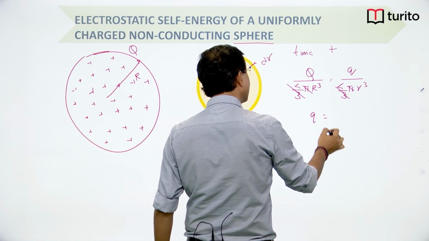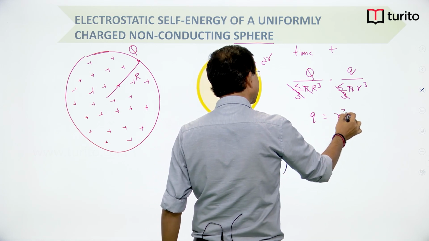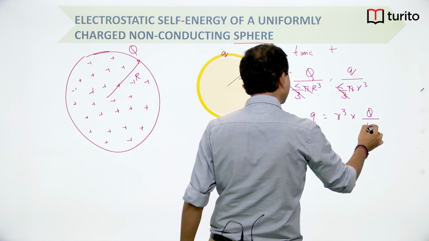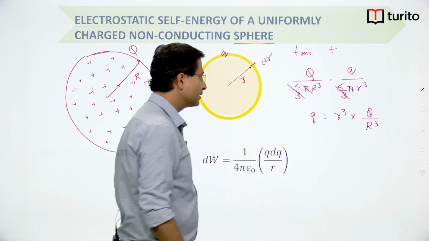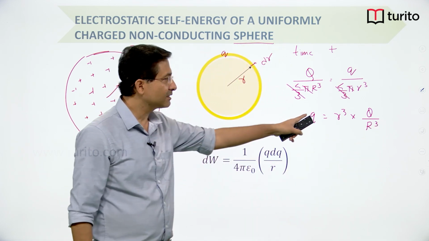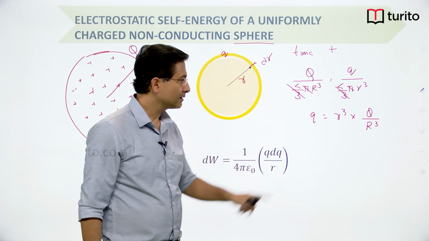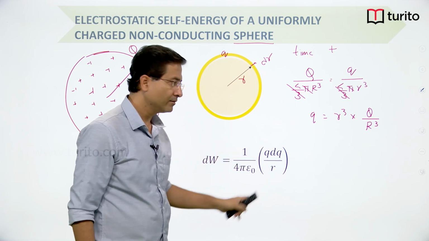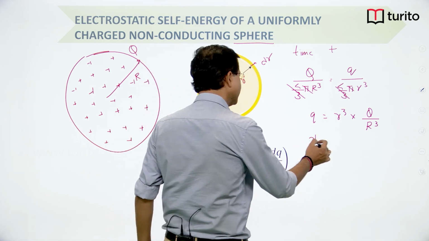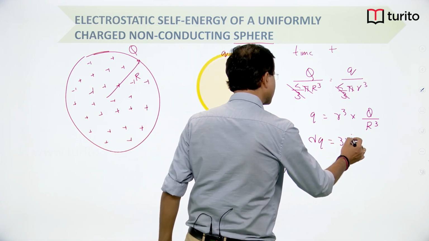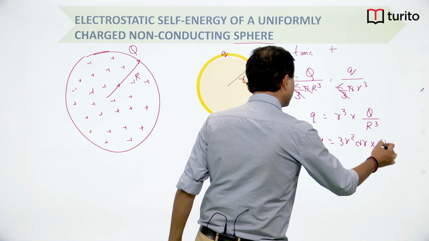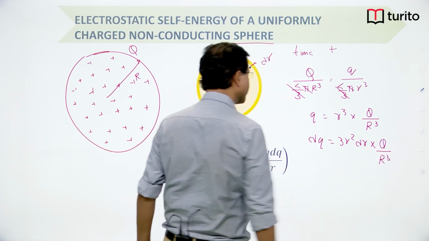I can write q is equal to r cube into capital Q divided by R cube. If I differentiate this equation, then I will get the relation between dq and dr that I can utilize here. So, if I differentiate, I will get dq is equal to 3 r square dr into Q divided by R cube.